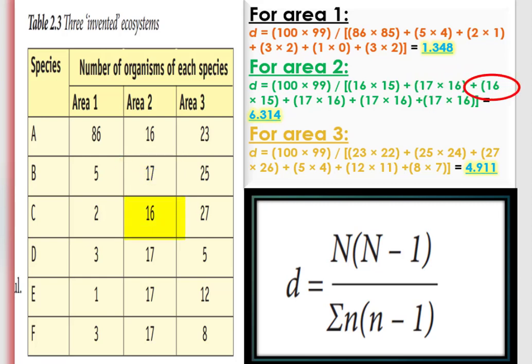plus the number of individuals of species C, which is 16, 16 times 16 minus 1, that is 15, plus the number of individuals of species D, that is 17, 17 times 17 minus 1, which is 16, plus species E, 17, 17 times 17 minus 1, that is 16, plus species F, which is 17, 17 times 17 minus 1, that is 16, is equal to 6.314.